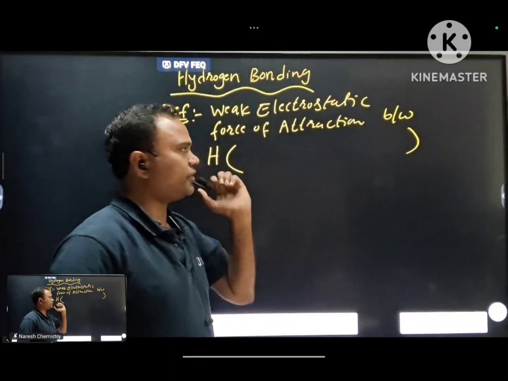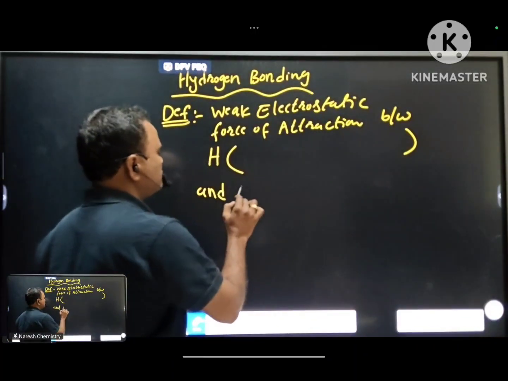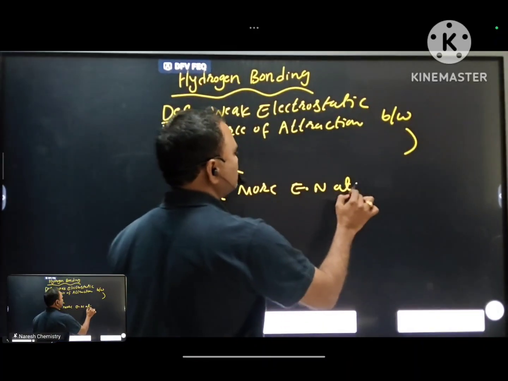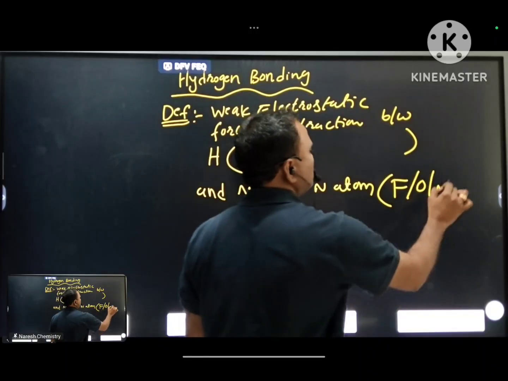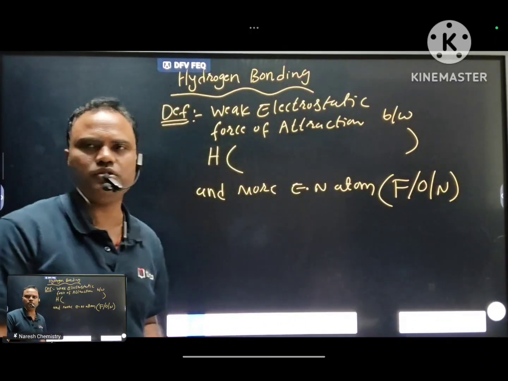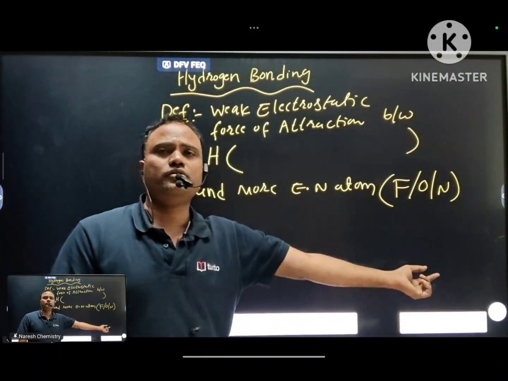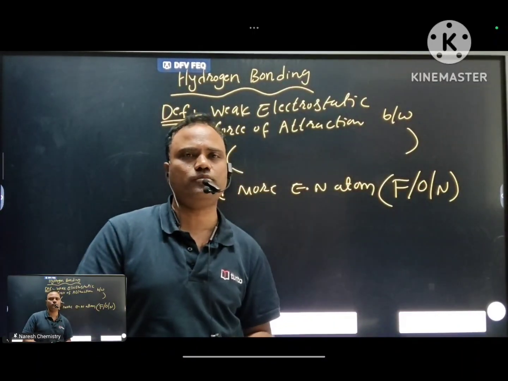Weak electrostatic force of attraction between hydrogen and more electronegative atom. The electronegative atoms are fluorine, chlorine, oxygen, nitrogen. When hydrogen is present on these atoms, then only it participates in hydrogen bonding.